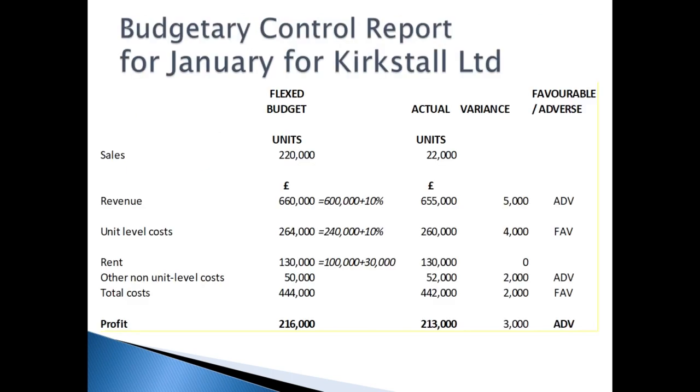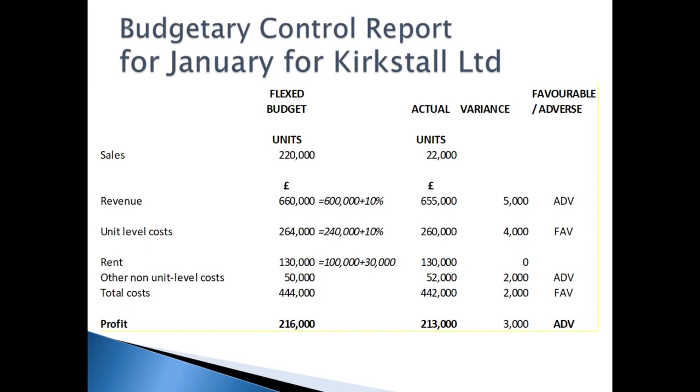So going back to this one, what's happened is the revenue is adverse, so that's probably a price reduction, but that might have been done in order to sell more units, so that there could be a connection there. The unit level costs are favourable, so maybe that was because we were buying slightly more volume, whatever, we're not going to worry about that too much.